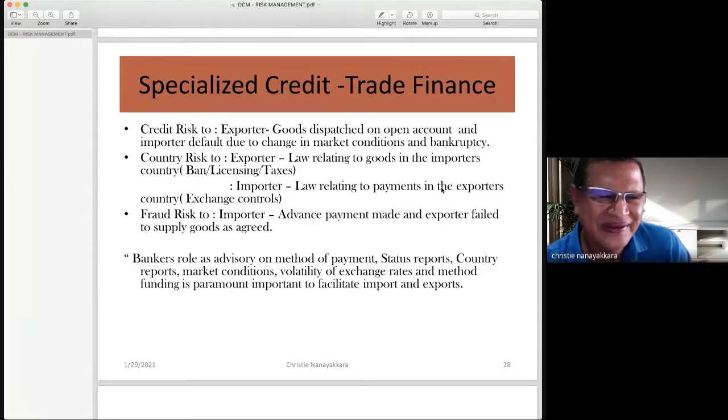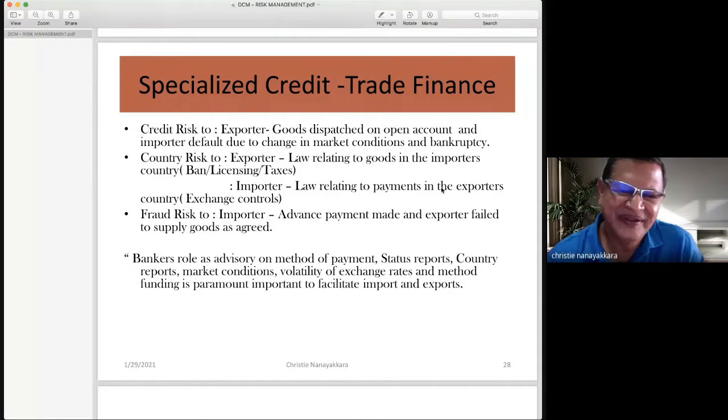So when that occurs, risk will pass on to the exporter because he has departed with the goods without receiving money or any undertaking from the importer. Only he has sent the goods and is waiting for the importer to collect.